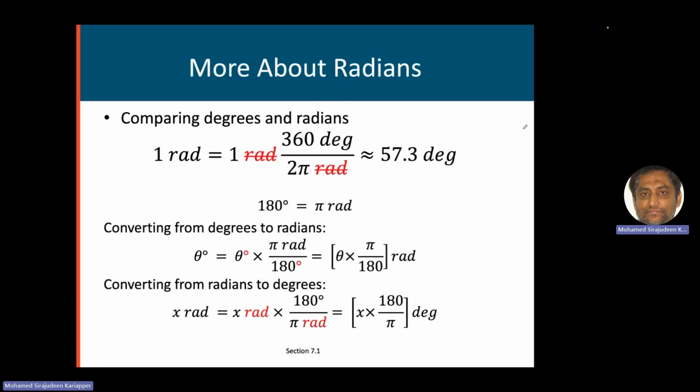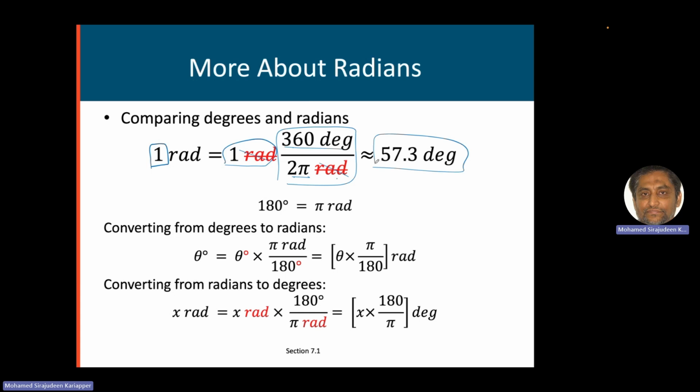So now we can calculate how much is 1 radian. This is the conversion: 2 pi radian is 360 degrees. So radian cancels with radian, and 1 multiplied by 360 divided by 2 pi gives you 1 radian in degrees. As I told you, it is quite a big angle.